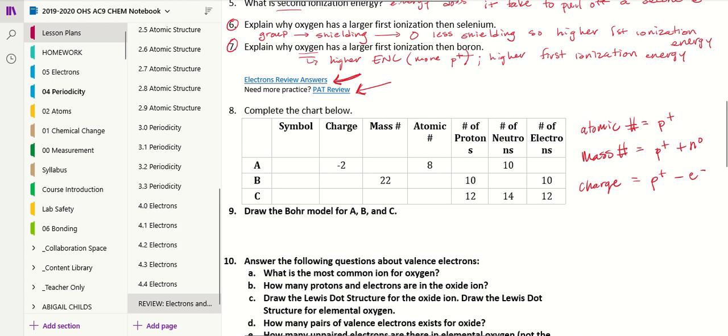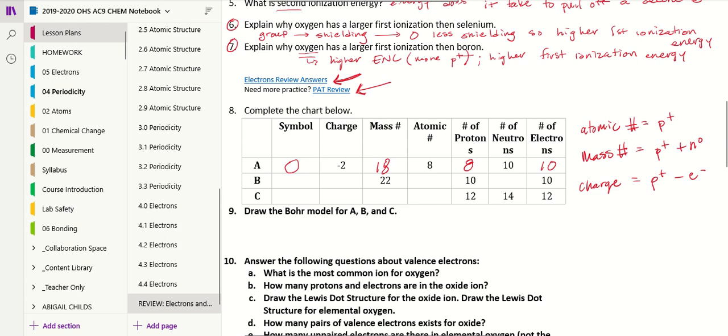So, if we look, atomic number is 8. That means our protons is 8. The number of electrons corresponds with the charge. So 8 minus what equals negative 2? 10. 8 minus 10 is negative 2. Number of protons in atomic number tells us that our symbol is oxygen. And protons, 8, neutrons, 10, give you a mass number of 18. 8 plus 10 is 18.